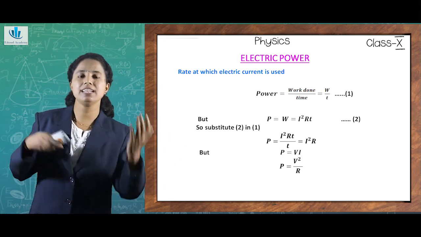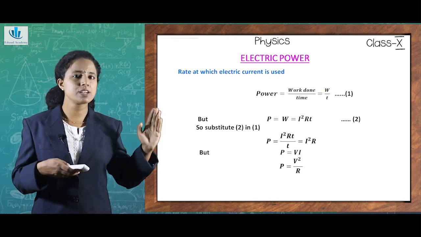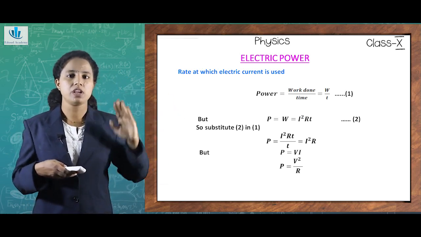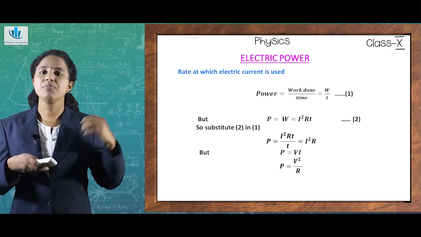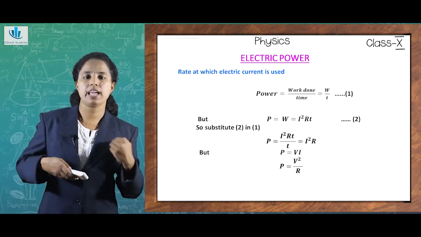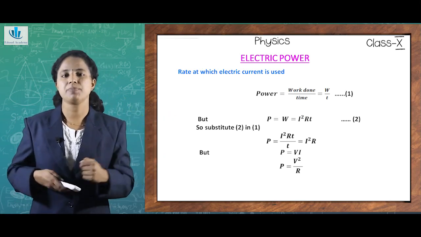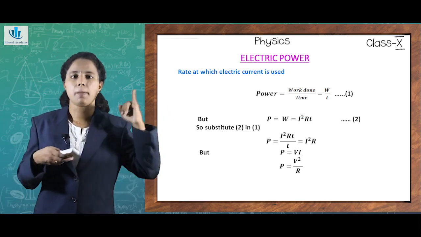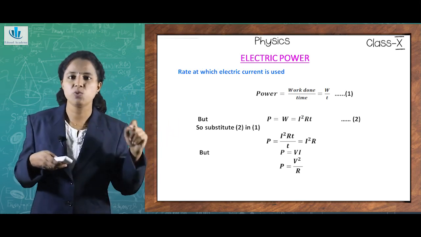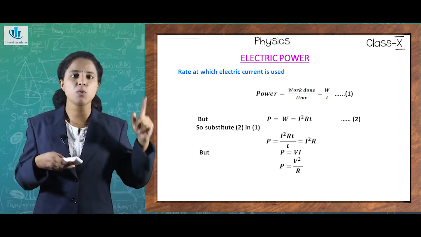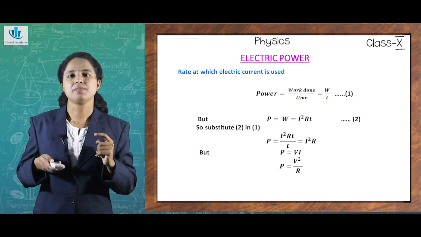Instead of I square R, I also have the equation P equals VI. So I can get P equals V square by R, isn't it? So there are mainly two equations, P equals I square R, but we know P is VI, so comparing both, you will get P equals V square by R.